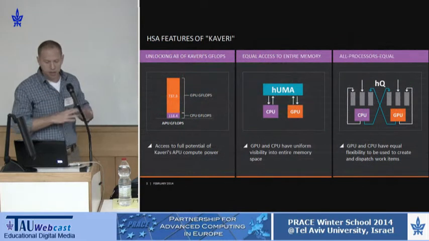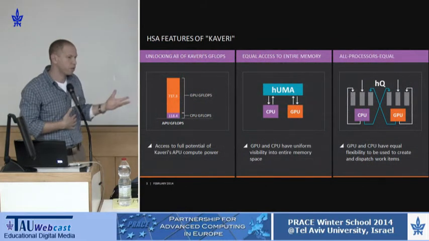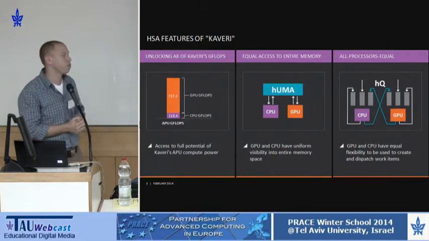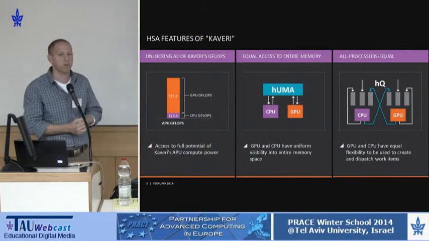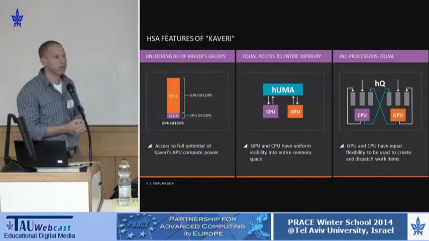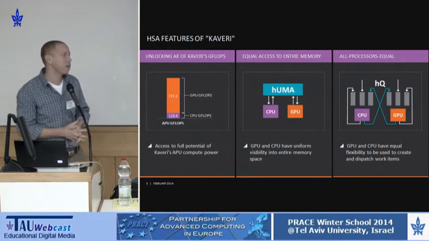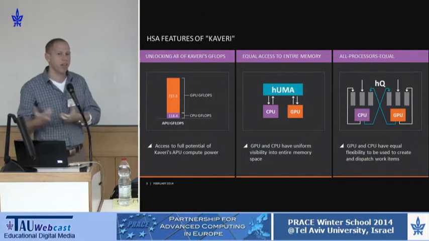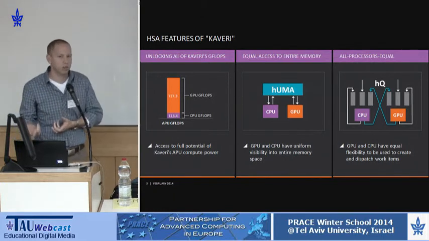So today, the first HSA-compliant chip that AMD is manufacturing is called Kaveri. It's an APU, an accelerated processing unit. It is a chip with a GPU on die and a CPU on die. We have 4 CPU cores and 8 GPU compute cores on it.